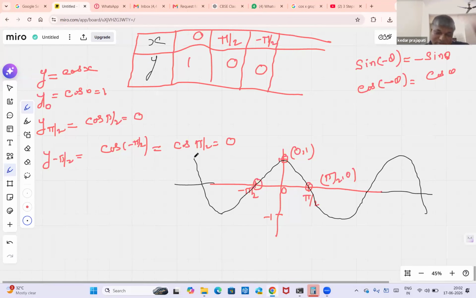Now, I told you that in order for this to be a function, a straight line drawn parallel to the x-axis should cut the graph at only one place. This is our x-axis and this is our y-axis.